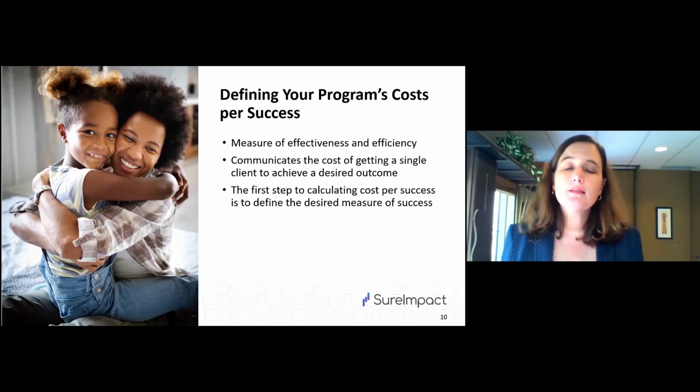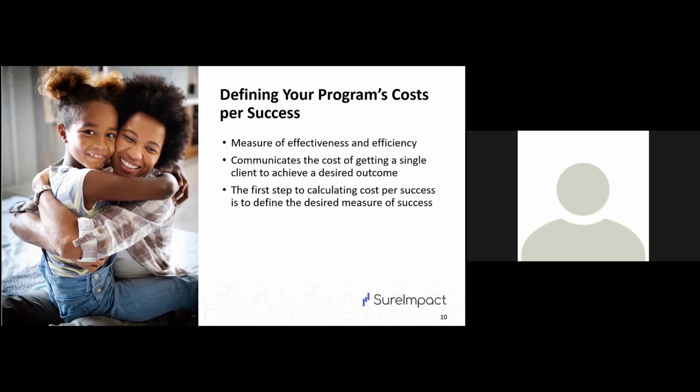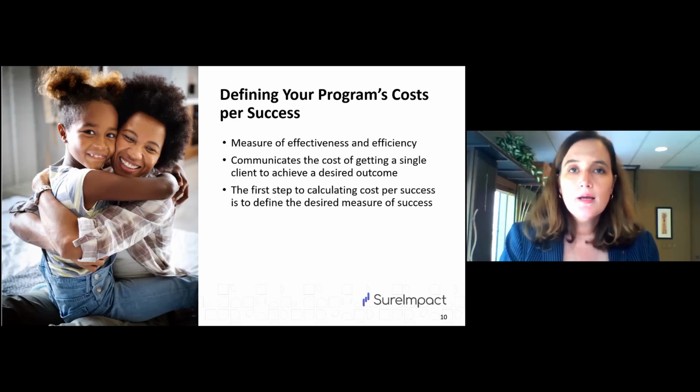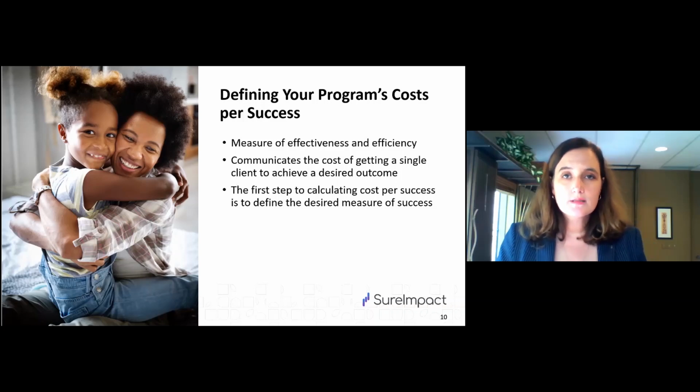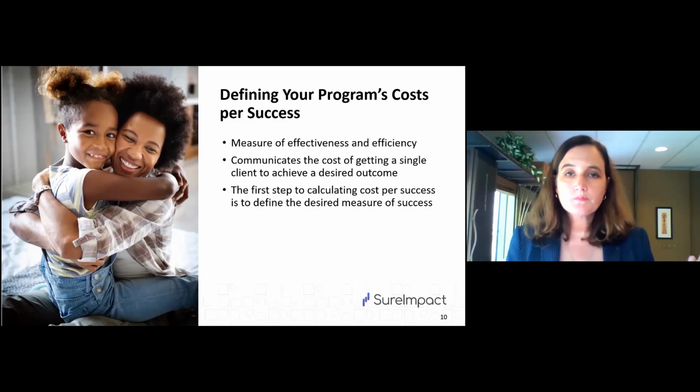And another great thing about cost per success is that you can measure that over time. Because maybe at a 63% success rate, your organization says, I'm not okay with that. I want to be at a 75% success rate. But to be at a 75% success rate might actually require more resources for my program.